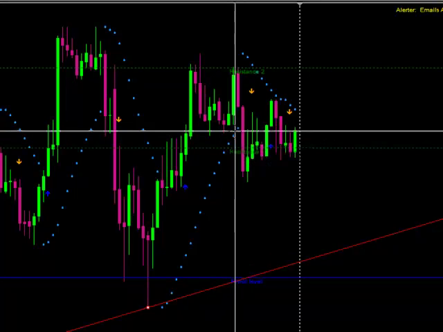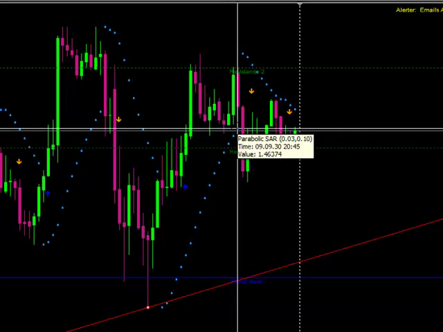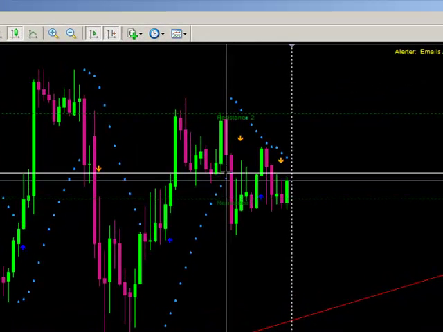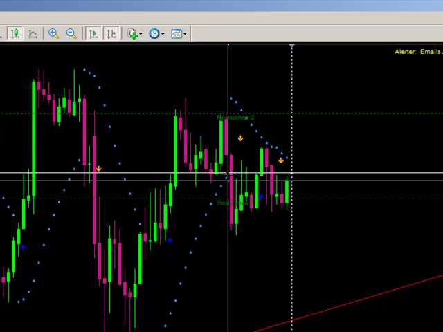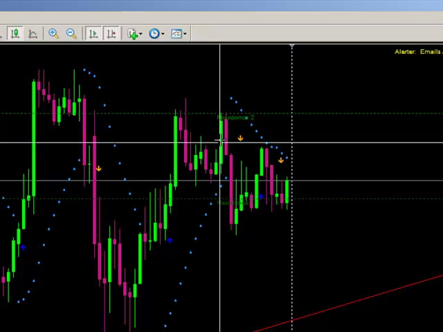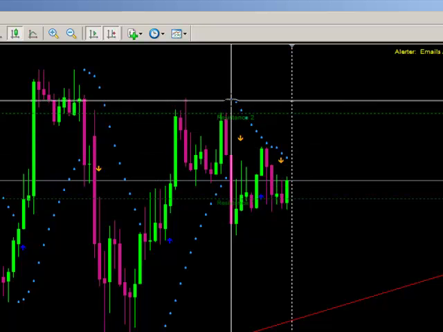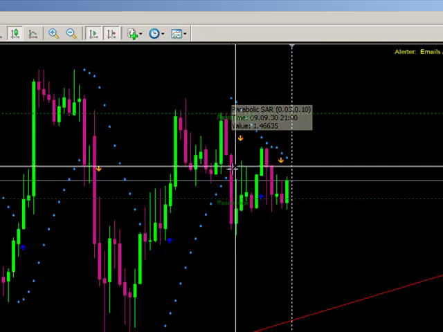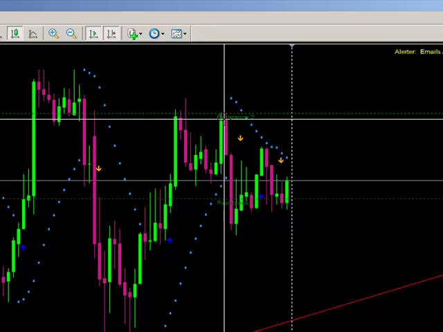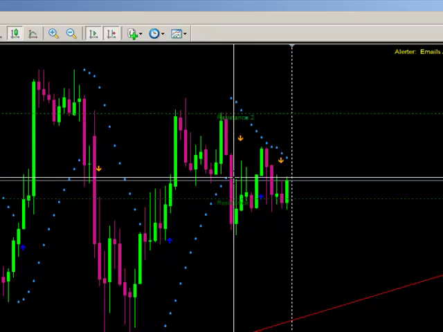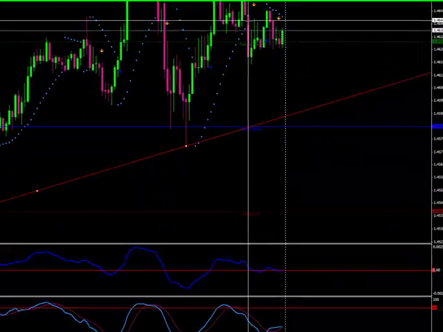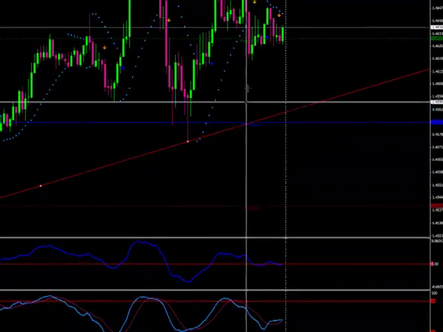And what you'll notice is this last dot, next to it we have a red candle. So the stop and reverse, or the SAR as we call it, is an indicator that is trying to tell you that maybe the trend is changing, it's reversing. So we're stopping this uptrend, we're reversing into a downtrend potentially, and that ties into what some of these other indicators are that we use.